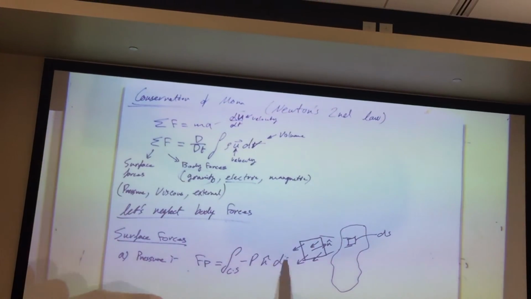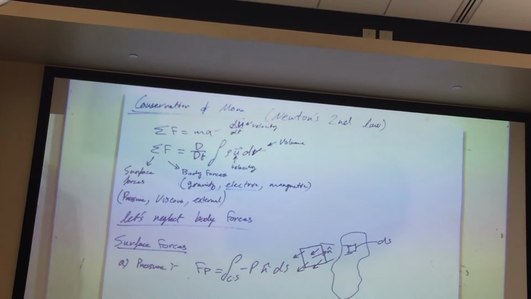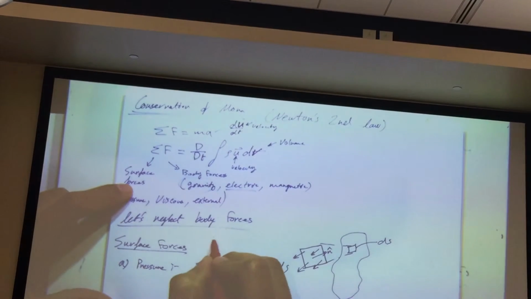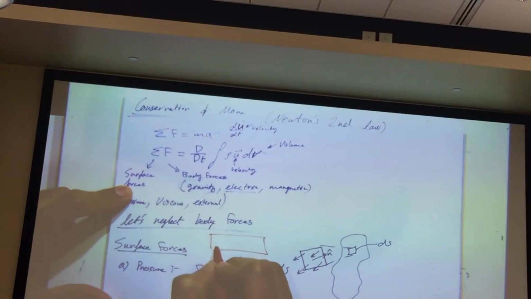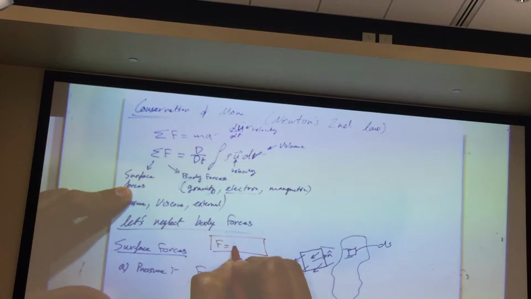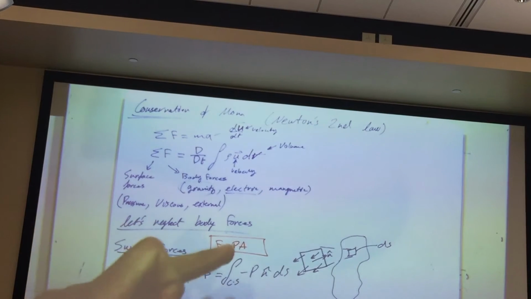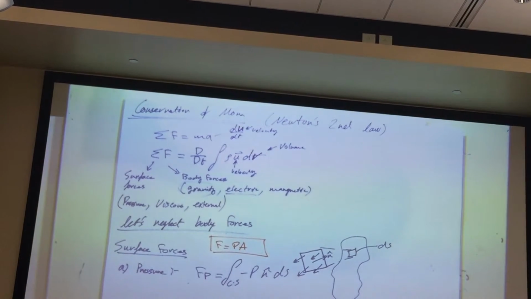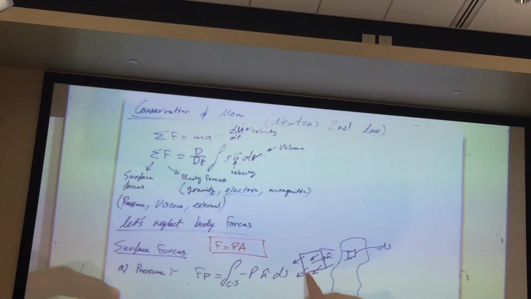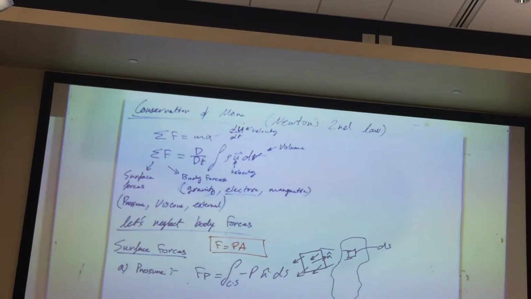So this is not new to you. You're used to doing this. F is equal to P times area, so the area multiplied by the pressure equals the force. It's the same principle. All I'm doing is putting it in an integral form. Why? Because sometimes the area could change, that door could widen, so I need to account for these variations.